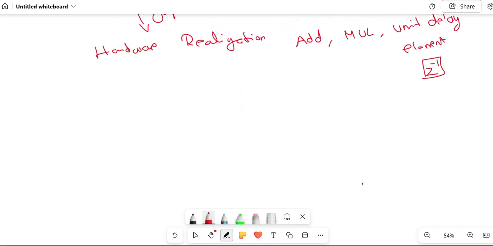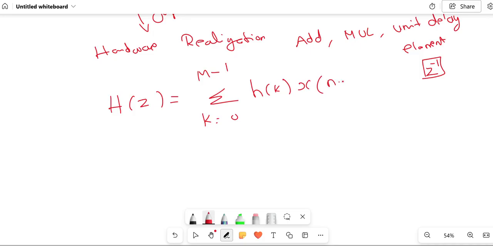The general realization of the direct form of FIR filter. In the last session I told that, for example, H(z) is equal to the summation of k equal to 0 to M minus 1 of h(k) x(n minus k).